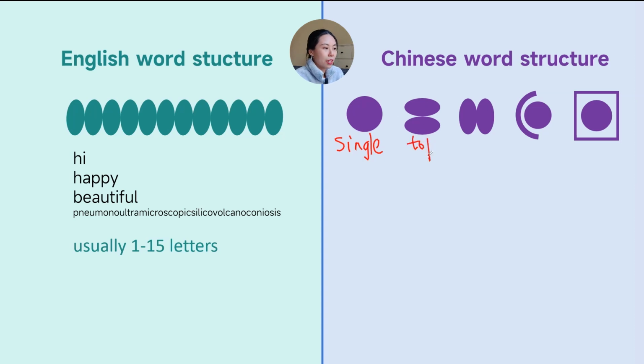And it could be top-bottom, which means you can cut it into two halves, one on the top and the other at the bottom. And you can have left to right. And you can have half surround.